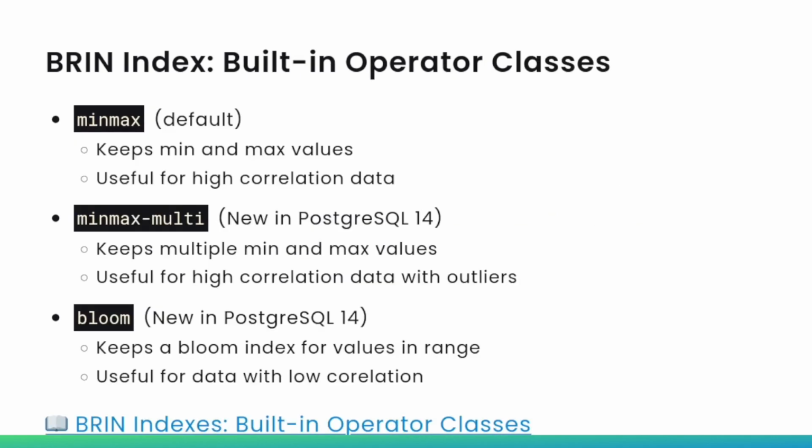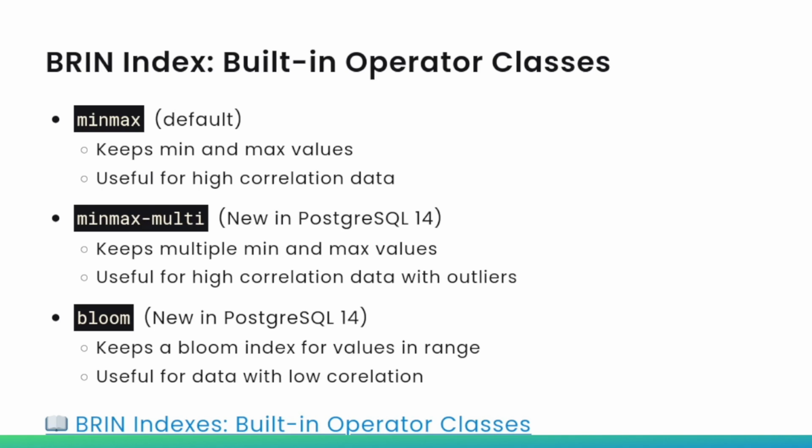The BRIN index has different types of operators. The operator that we presented in this video is the min-max, because for each range, it keeps just the min and the max values. It's useful when you have data with high correlation, okay? But there are additional operator classes that you can use. For example, starting with Postgres 14, you have the min-max multi.